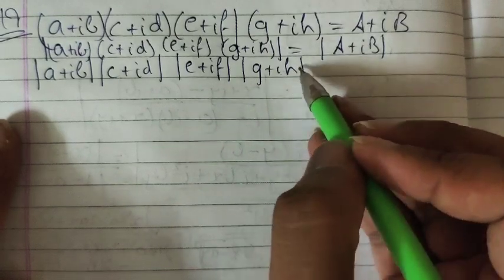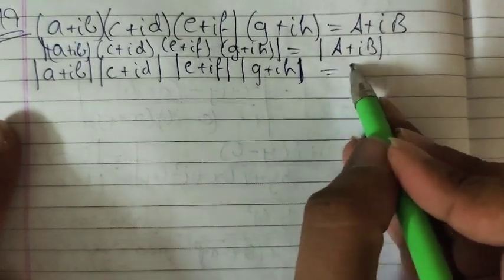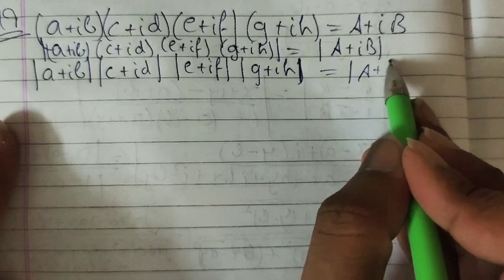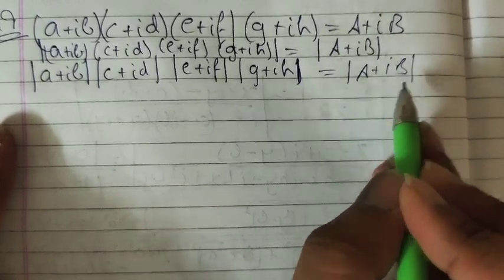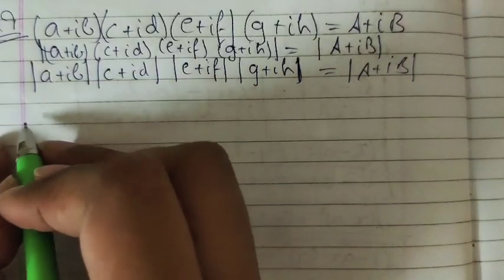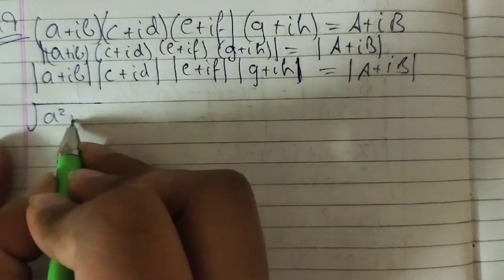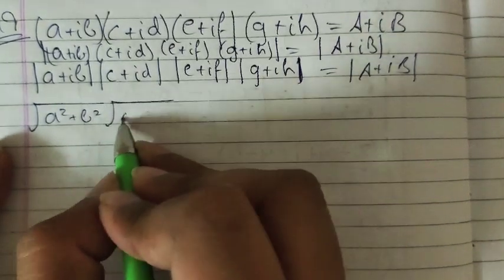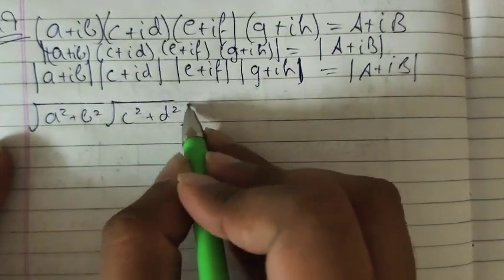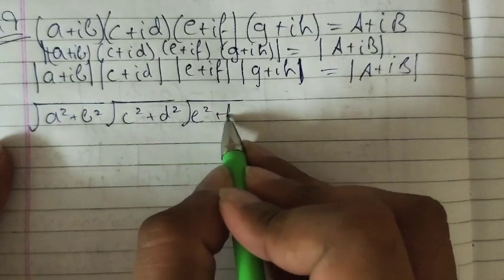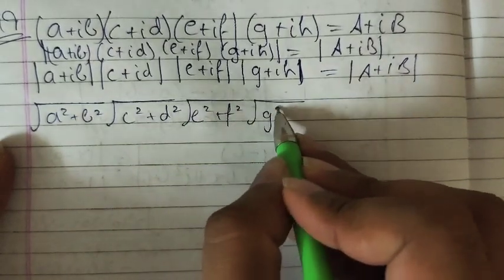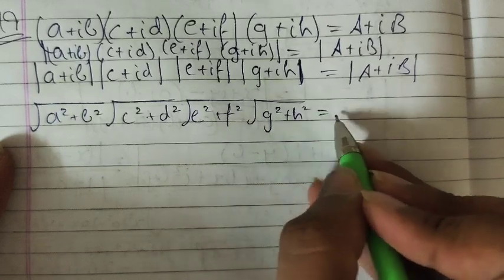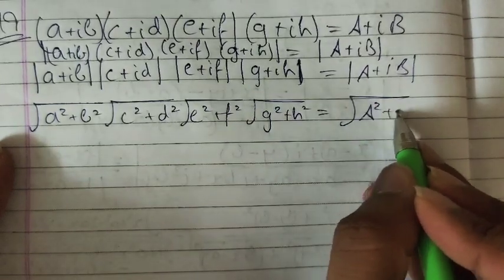Now we know the meaning of modulus, so that is a square plus b square, c square plus d square, e square plus f square, g square plus h square, is equal to a square plus b square.